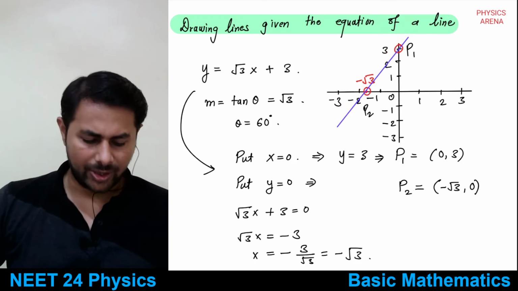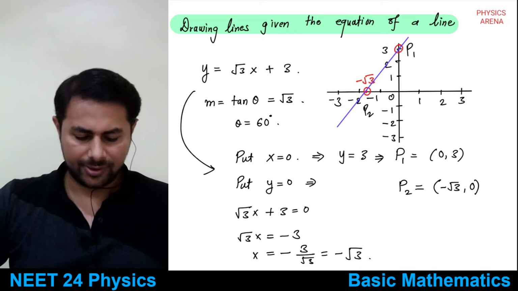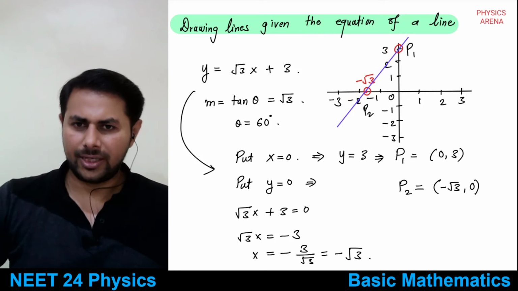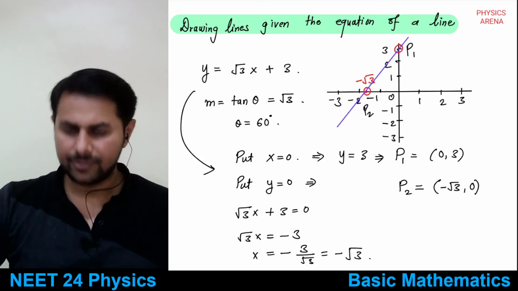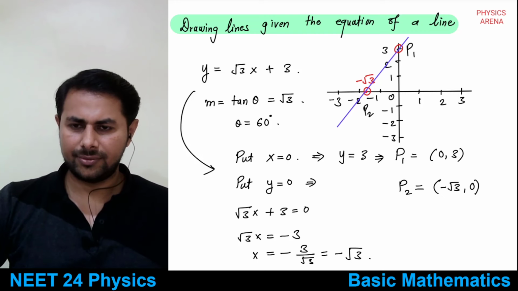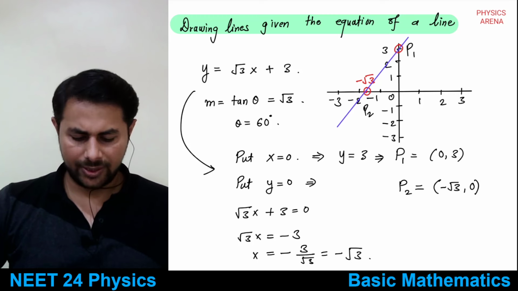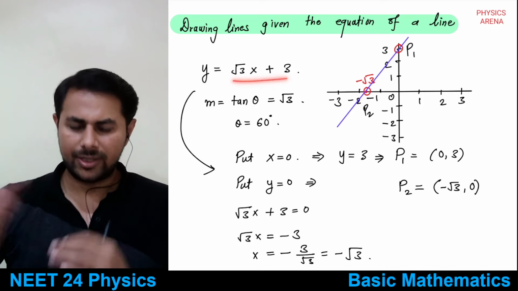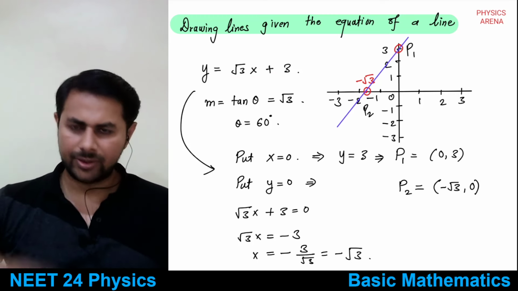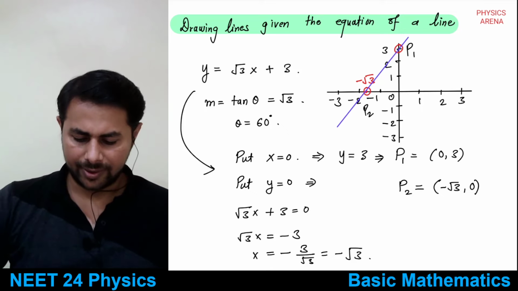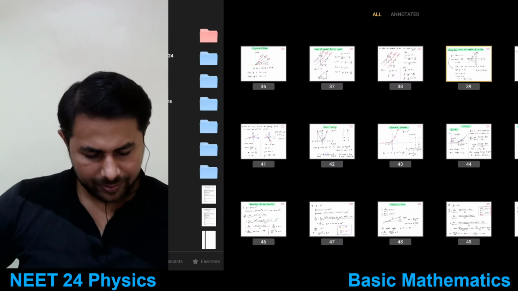So this is how you plot a line given the equation, right? So that is simple. Is this clear? Yes, no? So given the equation, we can read it, find out the slope, and plot the line. All right.